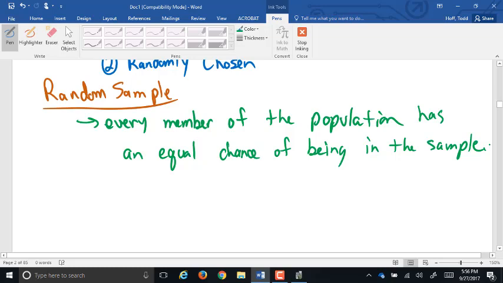It is not as easy as it sounds to get a random sample.